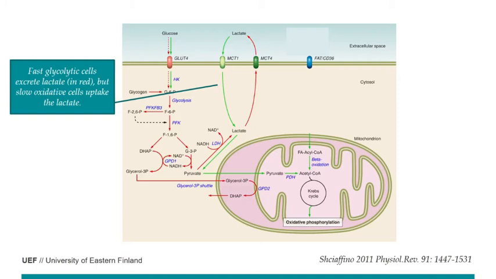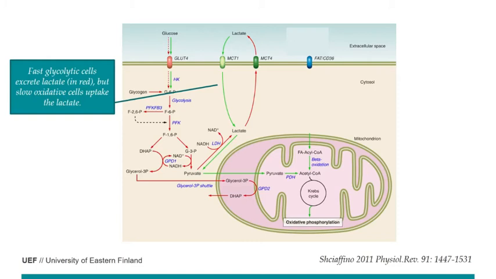So if we remember the morphology of a typical mammalian muscle, we have these different kinds of cells close to each other. So if we have one cell there that is glycolytic, it will produce quite fast energy for the contraction, but it also releases the lactate.